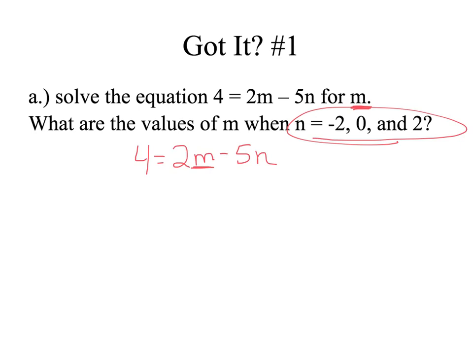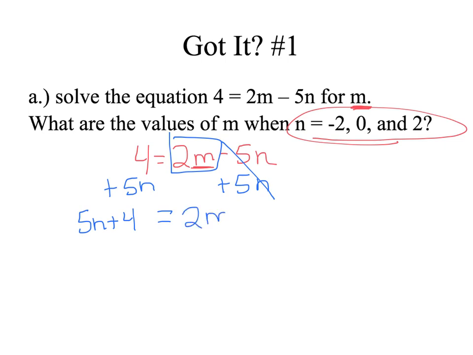So I would say box around the 2m, because that's not going anywhere. So what we need to move to the other side so that we just have m is this minus 5n. So if I add 5n to both sides, these will cancel out. And over here I have 5n plus 4, or 4 plus 5n, it doesn't matter which order you write it, equals 2m.